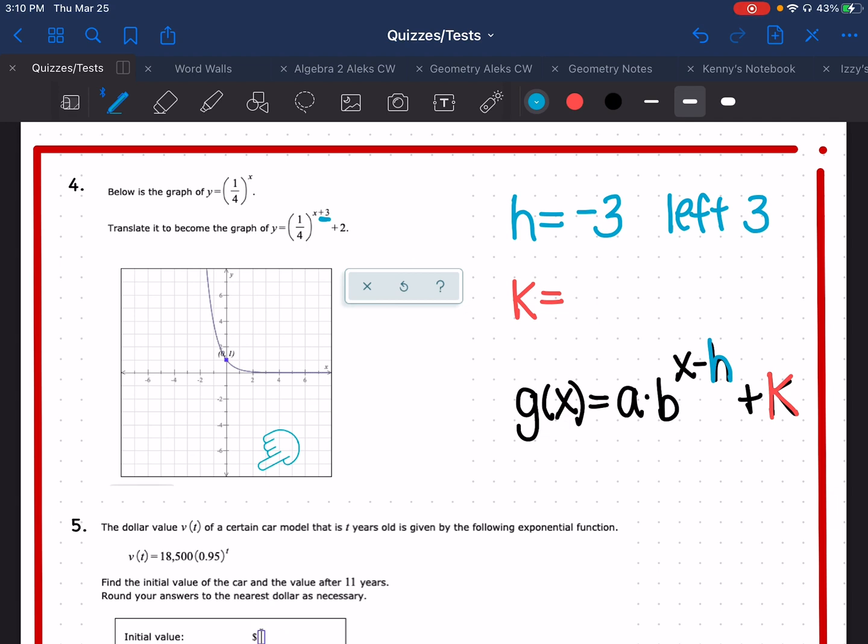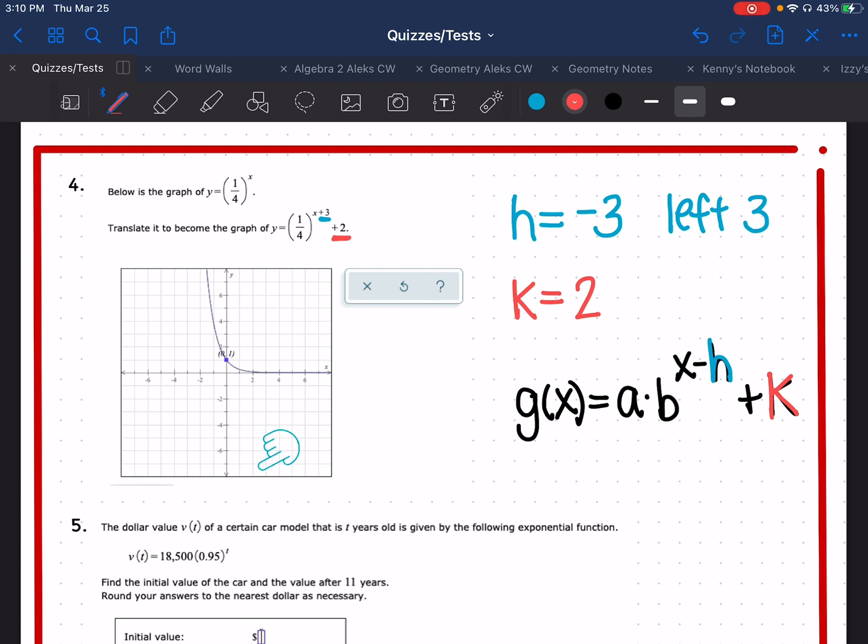Okay, so I'm going to put the hand on that little point and I'm going to go count 3 to the left. K is this number right here. Notice K is after the function, so K is what K appears to be. K looks like +2 to me, so K is +2. If it had been -2, then it would be -2.